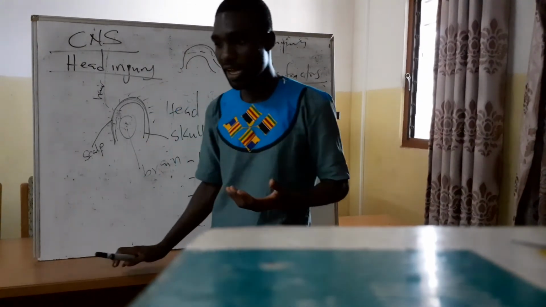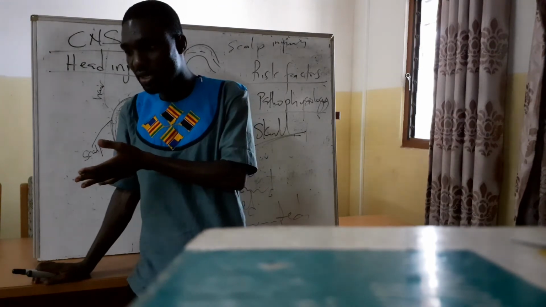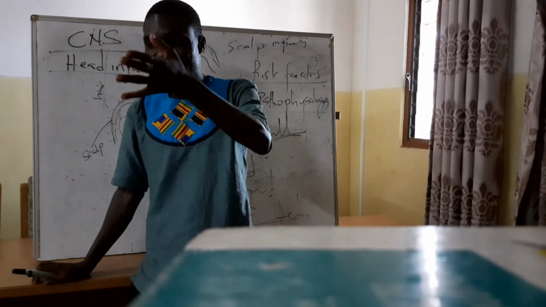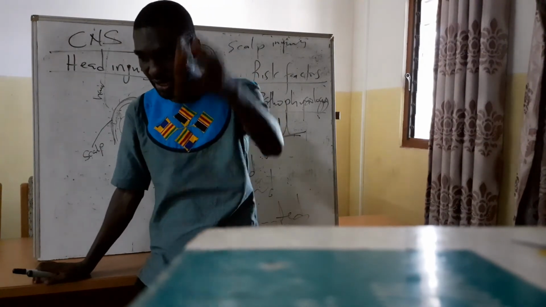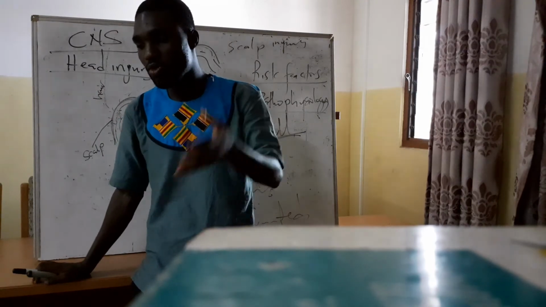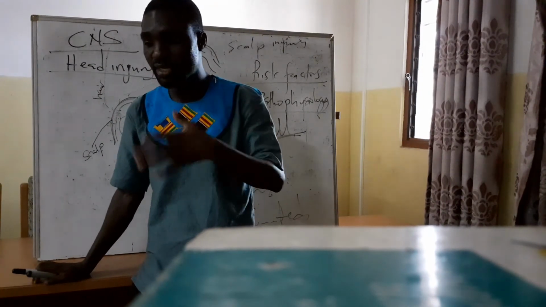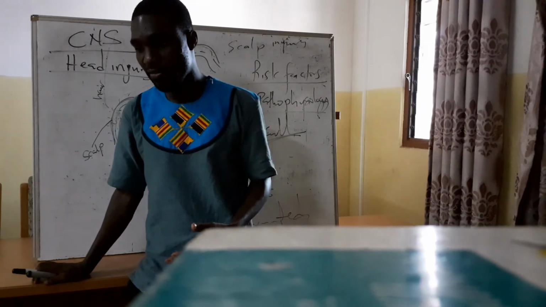A linear skull fracture is where there is a break in the bone continuity, right? So it's a form of horizontal break. So with that type of fracture, and it's a simple fracture, we term it as a linear skull fracture.